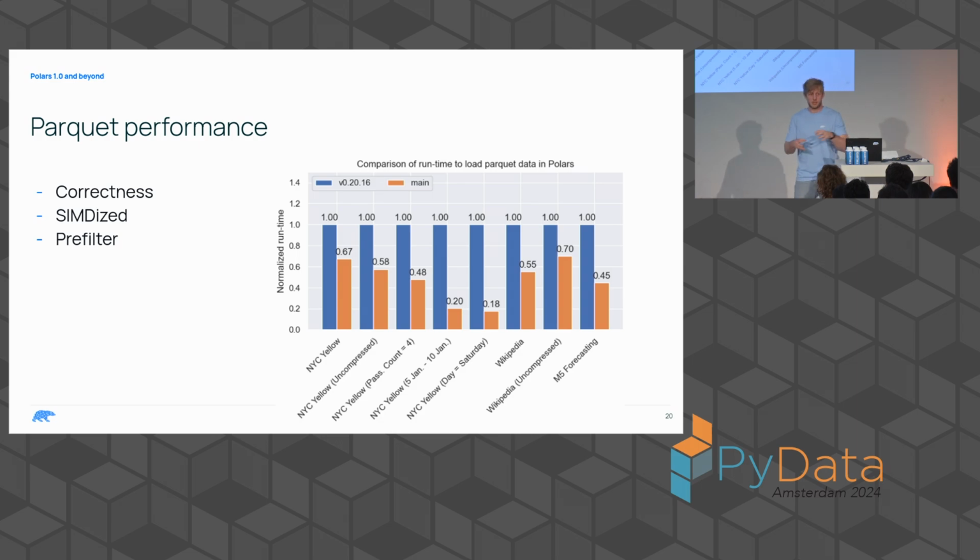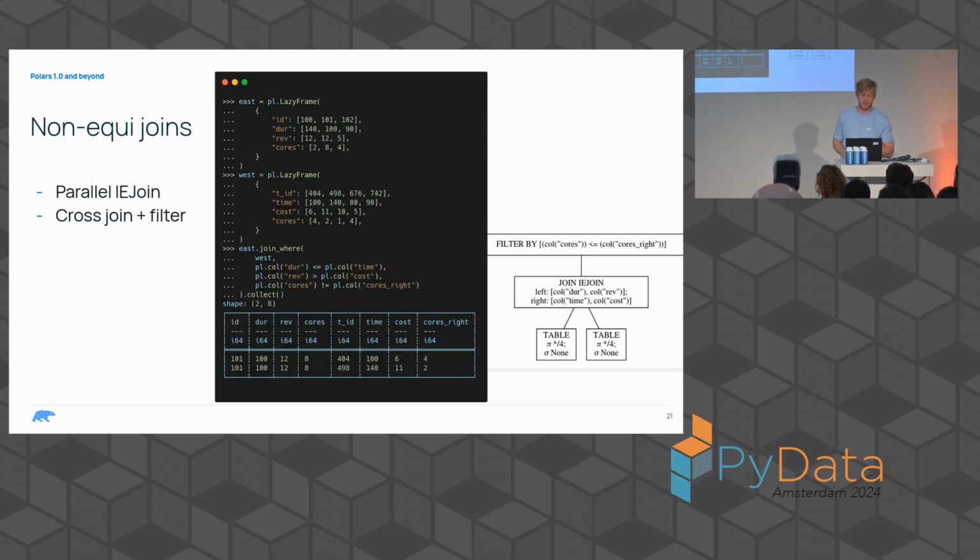So the predicate is the filter you write. And when you have that mask, you can use that mask to do the decoding later. And this can save a lot of time because, for instance, if you have very long strings in that Parquet file, you first need to allocate all those strings and then you filter out a lot of those strings again. So if you don't have to load them, it can save a lot of memory allocation.